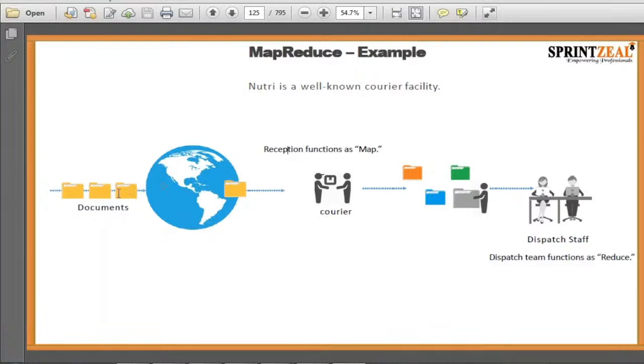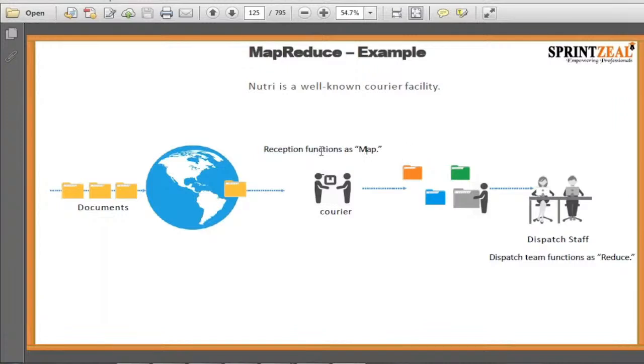or in some cases we'll say it is taking it from the users or from the source and then putting it into its own local repository. And what it is doing after that, it is grouping the documents together based on the destination, right?